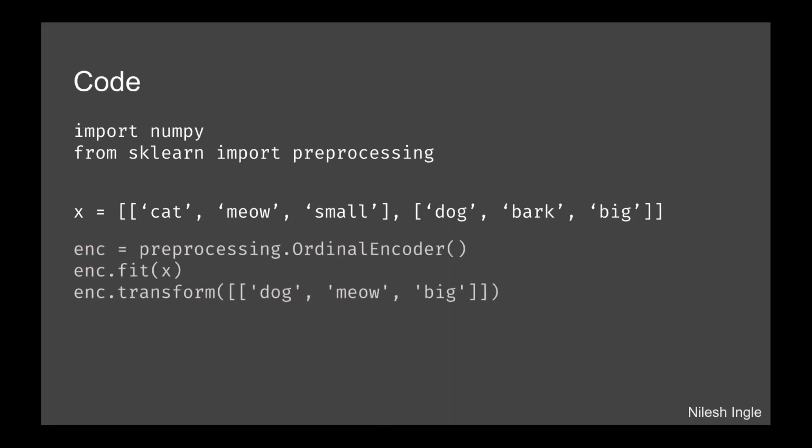Now this is one way to encode, which is using OrdinalEncoder, which considers the categories to be ordered, and therefore it's called OrdinalEncoder. And to write the code, you would initialize enc here by typing preprocessing.OrdinalEncoder, and then fit that to x, and then transform any value that you are looking to transform.